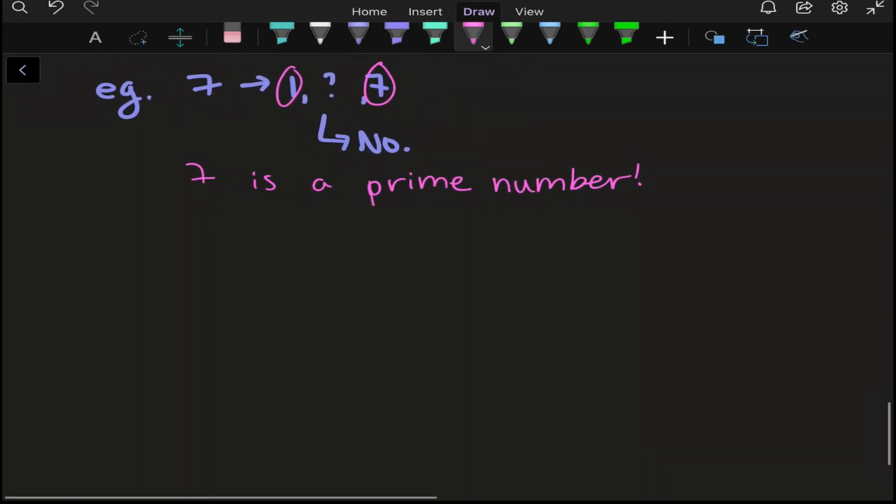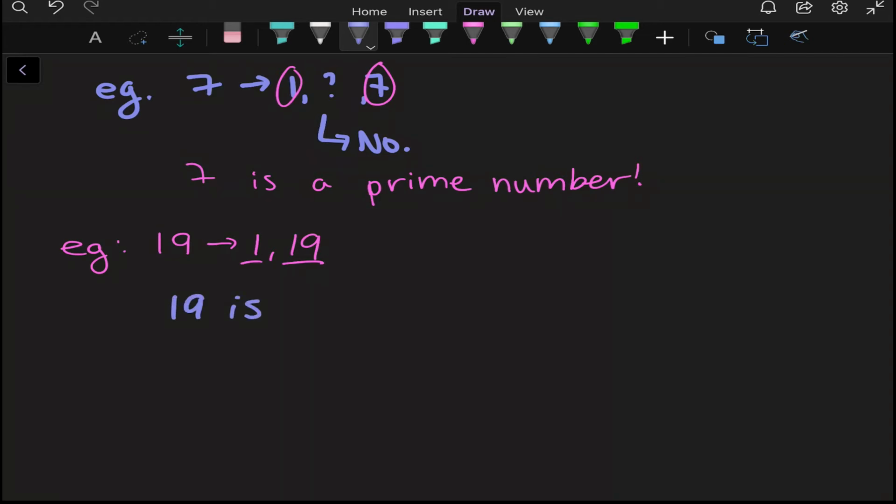Another example of a prime number is 19. So 19 is divided by 1 and itself. Now 19 isn't divided by 2, 3, 4, 5. So since we only have 2 factors again, 19 is a prime number.